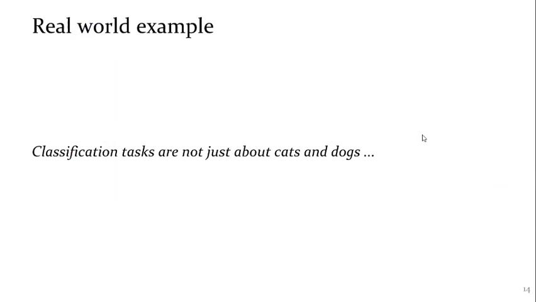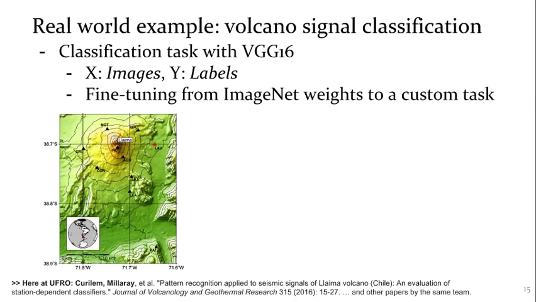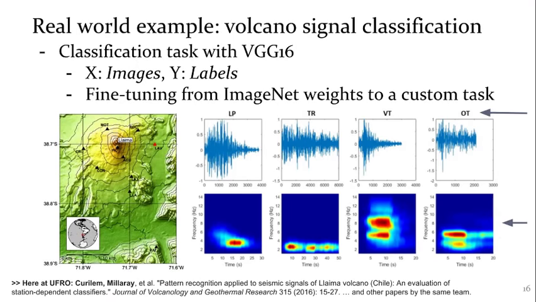So again, to bring it from cats and dogs into some real world example, there is a researcher here at UFRO, Milara Kurilam. She's a researcher here at one of the departments, I don't remember exactly which one, but she's working with seismic signal of volcanoes analysis, and basically trying to come up with a solution how to classify signals like this into labels like this.